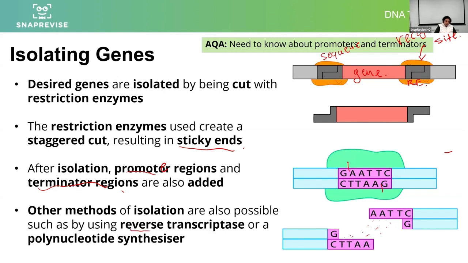What is reverse transcriptase? It is an enzyme which converts mRNA back to DNA. If I'm interested in the genes that a particular cell or tissue expresses, I could isolate mRNA from that cell or tissue and then use reverse transcriptase to synthesize it back to DNA.